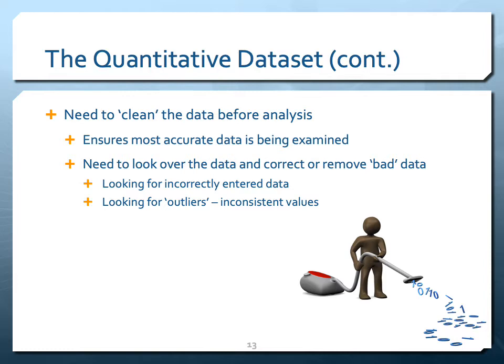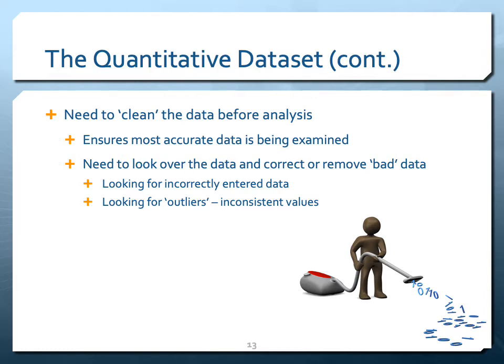The other thing is, as I say there, looking for outliers or something inconsistent. So, for example, you might ask a question about what is their income level. And if you get a bunch of people going, yeah, I earn over $1 million, you can probably assume that, at least for that particular answer, that's not a true value.